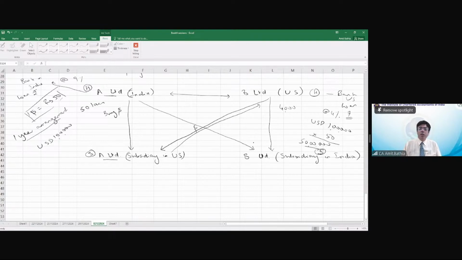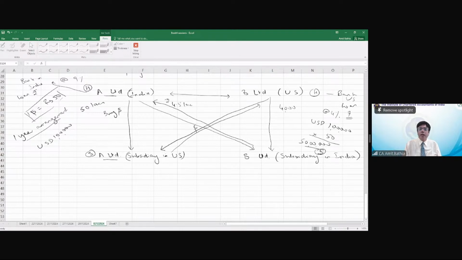Similarly, B Limited subsidiary will pay interest in INR terms to A Limited. How much? That will be 50 lakh into 9%, so that comes to 4.5 lakh rupees.